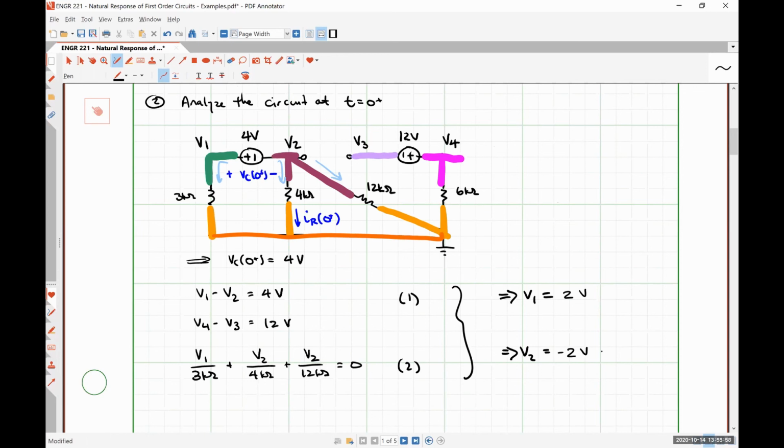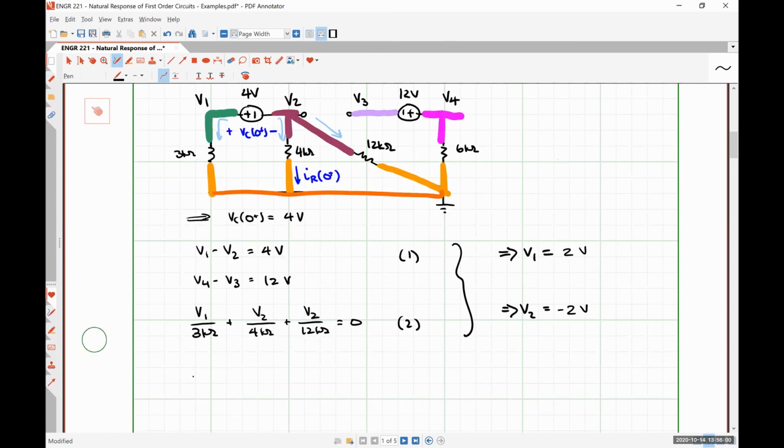So using that, IR at 0 plus is simply V2 divided by 4 kiloohms, which is negative 2 volts divided by 4 kiloohms, which is negative 1/2 of a milliamp. Anybody have any questions, comments, concerns about the circuit analysis that we've just done there?